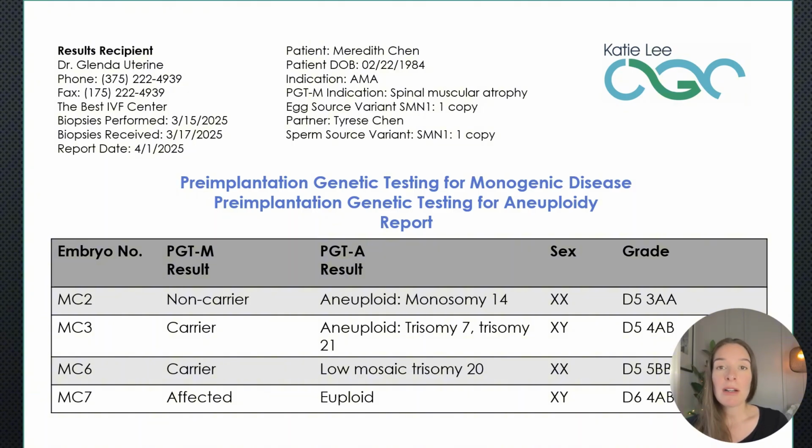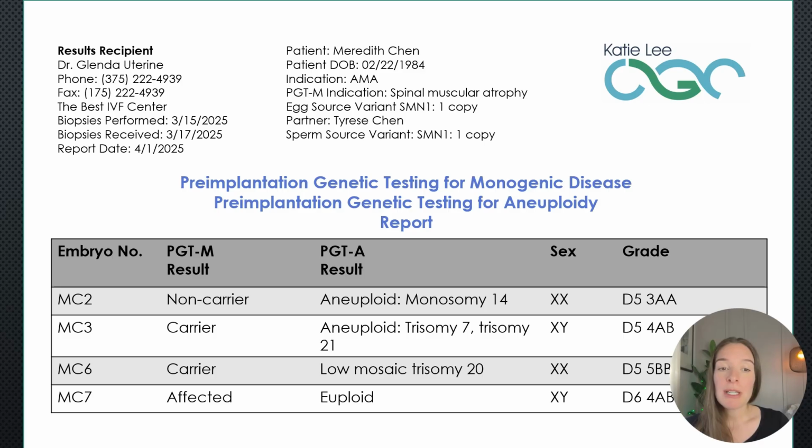What most studies are concluding is that while mosaic embryos might not be quite as good as euploids in terms of an ongoing pregnancy and live birth rate, the risks are looking pretty low, and low mosaic embryos certainly can go on to result in a chromosomally normal pregnancy if the euploid cells take over and the abnormal cells with the trisomy 20 die off.